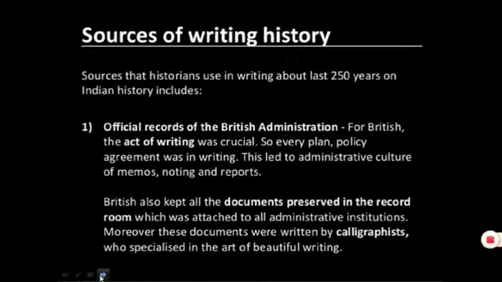This led to an administrative culture of memos, notings and reports. The British also kept all the documents preserved in the record room, which was attached to all administrative institutions. Moreover, these documents were written by calligraphists who specialized in the art of beautiful writing.